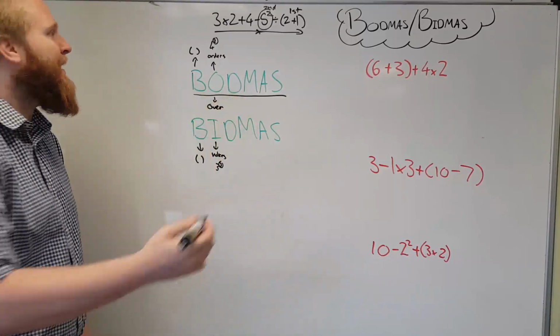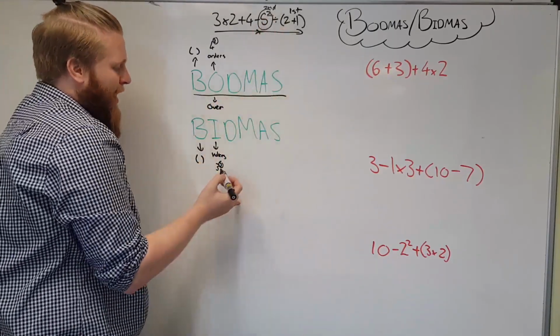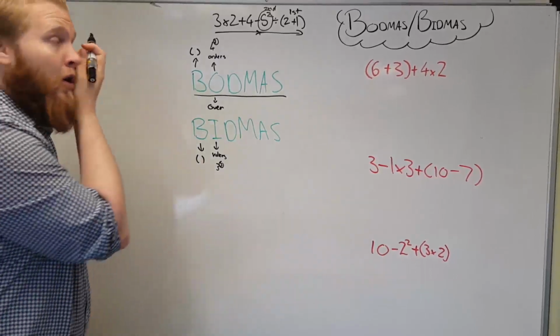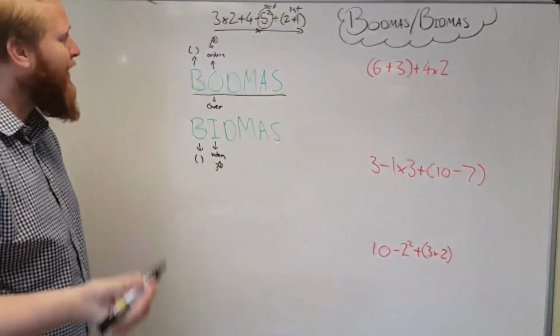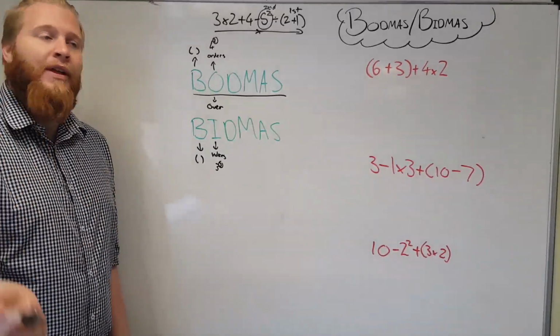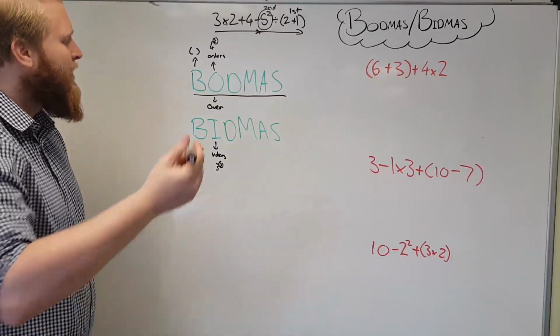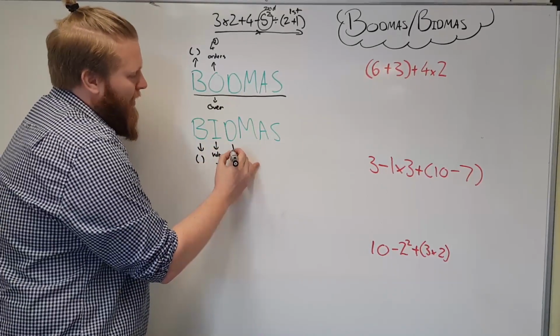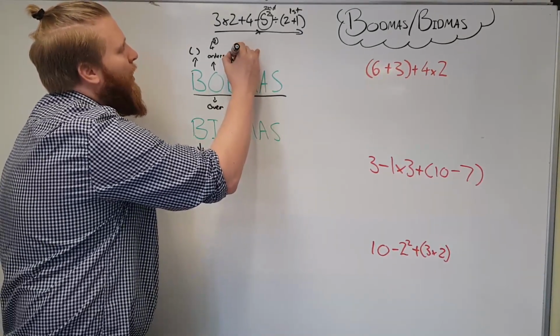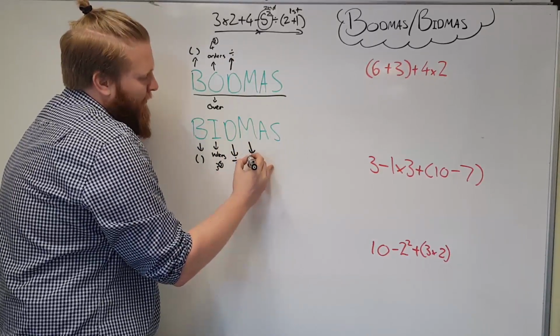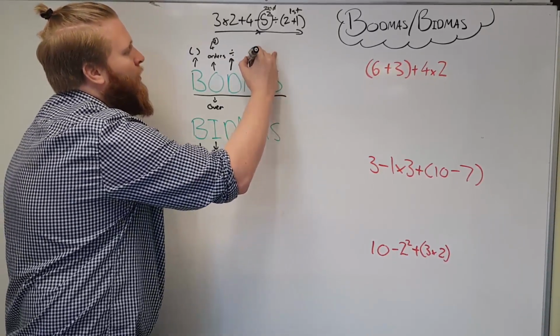The way that helps me is my 2 for squared or my 3 for cubed are over the other number. You might even think of something else that helps you remind you, but that's what helps me.